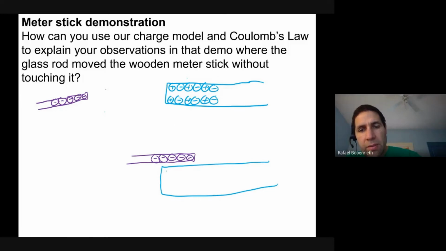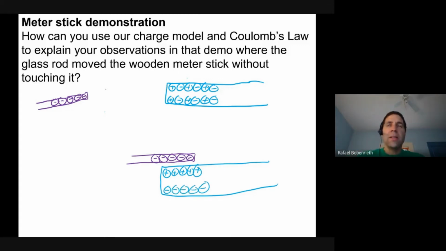So the positive charges are going to slightly move, and again, I'm exaggerating the effect for purposes of this illustration, but you can imagine that in that meter stick, the positive charges are going to move slightly more towards it. But more importantly, and actually physically what's happening, is those electrons that are revolving around the nucleus of the atoms are going to just move a little further away from all that negative charge that's on the rod. So notice, on average, what I've drawn is that the electrons are further away from the rod, and the positive charges, on average, are closer to that negative rod.